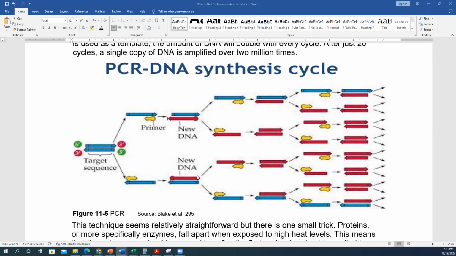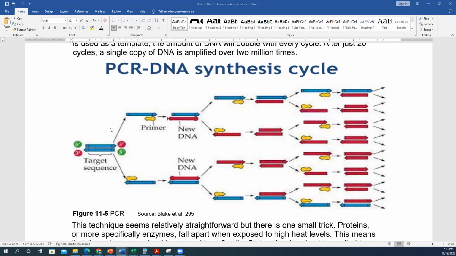So they won't be able to function anymore. It means that at 95 degrees, polymerase would stop working after the first cycle, where the DNA and the polymerase and everything in the test tube got heated up to 95 degrees.